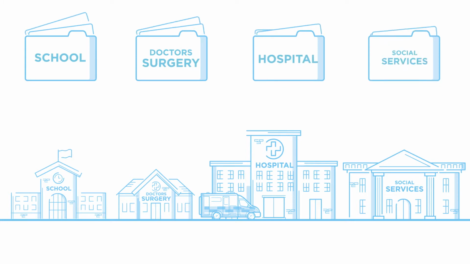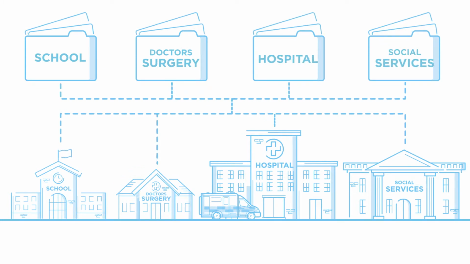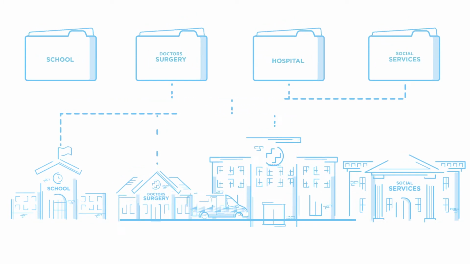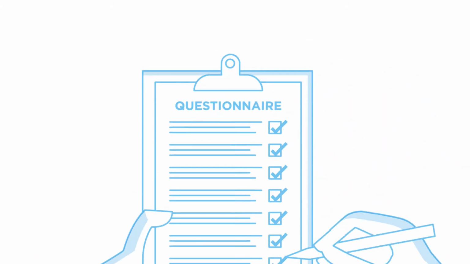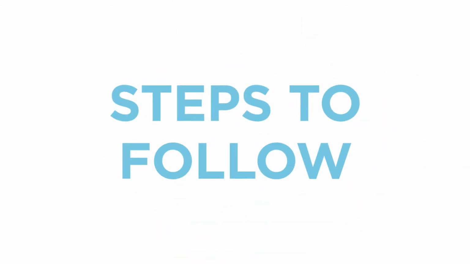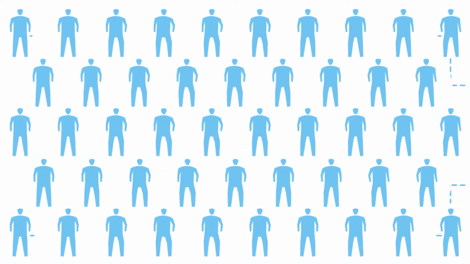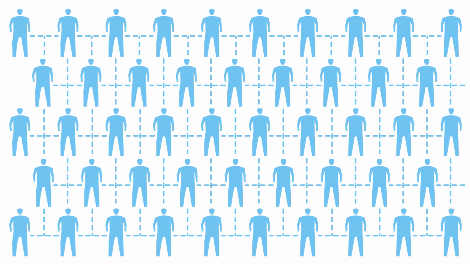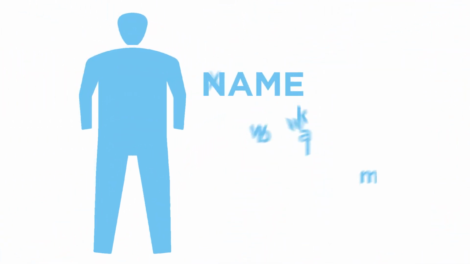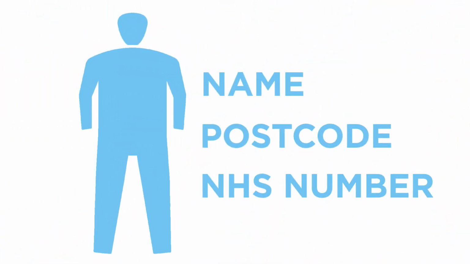Researchers can use routine data and link it to other information a participant in a study has provided, for example via a questionnaire. There are a few steps that researchers follow to get the routine data linked to their participants. The research team have a list of people in their study who they plan to link data to. This list will contain identifiable information such as name, postcode, NHS number or pupil number.